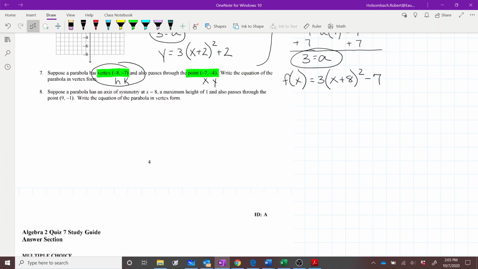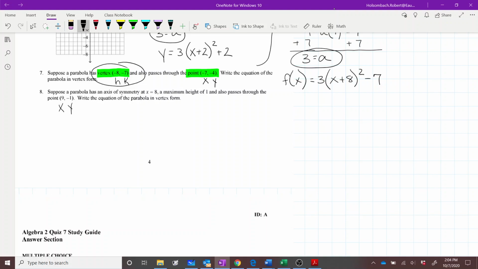Alright, and last but certainly not least, suppose a parabola has an axis of symmetry of x equals 8, a maximum height of 1, and also passes through the point (9, -1). So here's an x and here's a y.